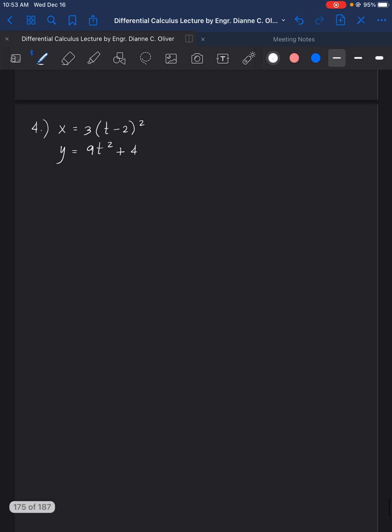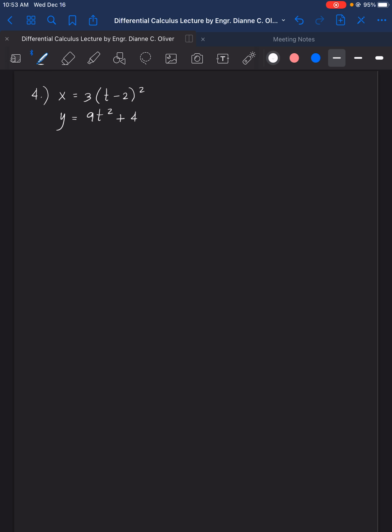Next, we have example number 4. For x, we have there 3 times (t minus 2) squared. Then for y, we have 9t squared plus 4. Solving for the derivative of x over dt, we have 3, bring down 2 times 3, we have 6 times (t minus 2), times the derivative of what is inside, so the derivative of t is 1 minus 0.